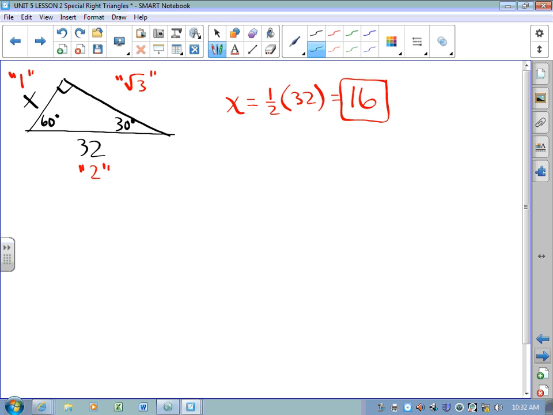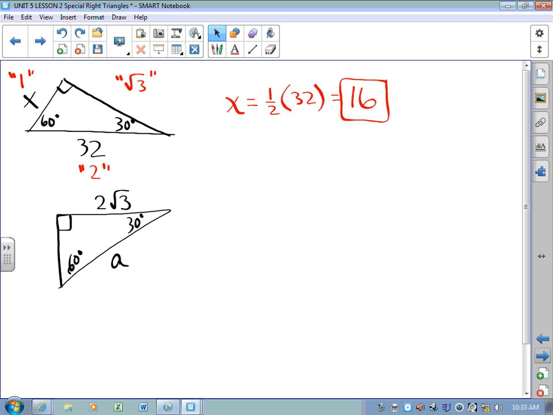Similarly, if I've got a 30, 60, 90 right triangle, and this is 2 radical 3, and I want that a. Well, I suppose I should be a bit more precise. The side opposite the 30 is our x. The side opposite the 90 is our 2x.